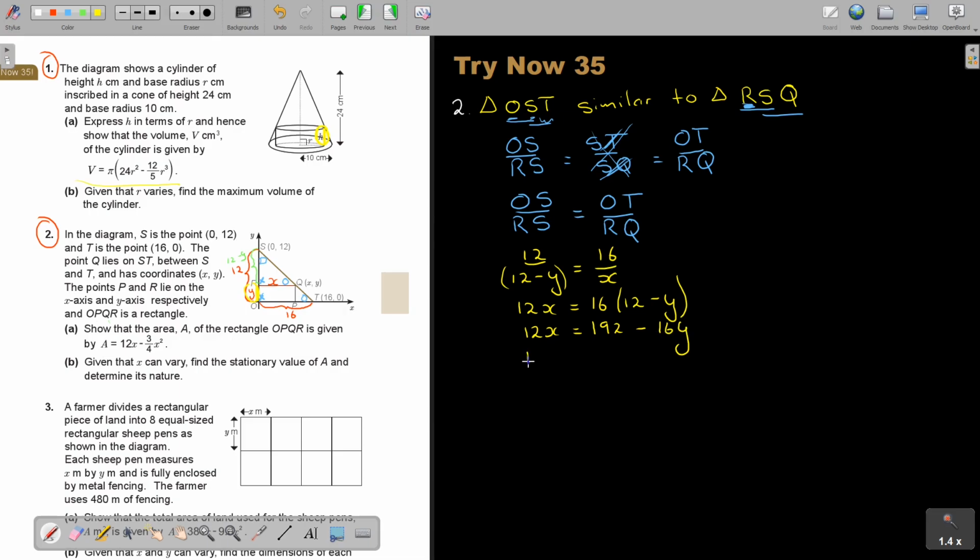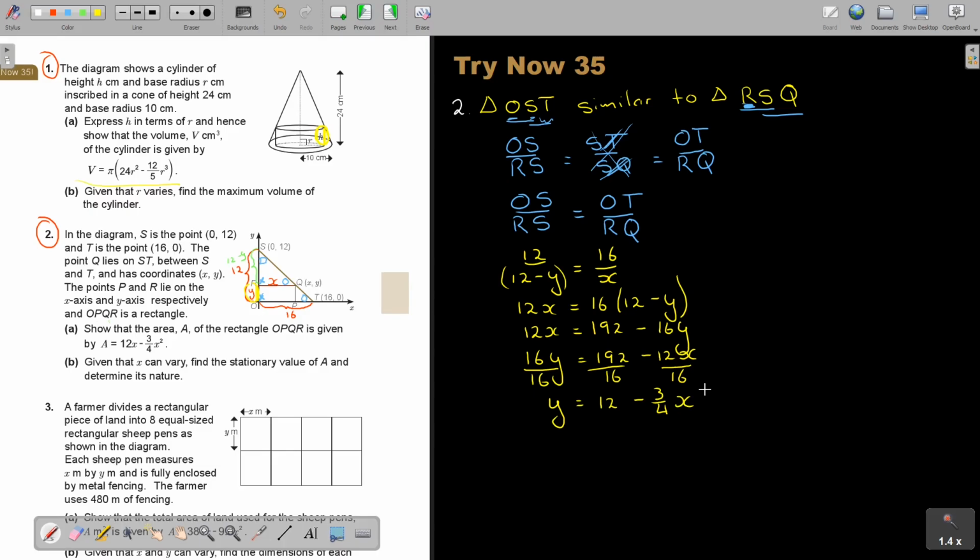So if I take that over, I get 16y. I take it over because it's negative and I want it positive. And then I divide by 16, divide 16, divide 16. And I get y equals 192 divide 16. I get 12. And then I simplify, divide 3, so it's minus 3 over 4x.